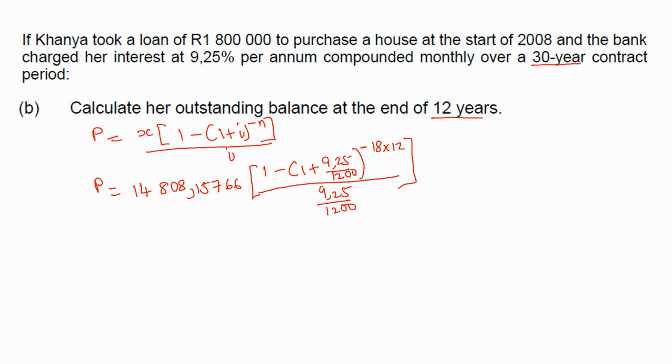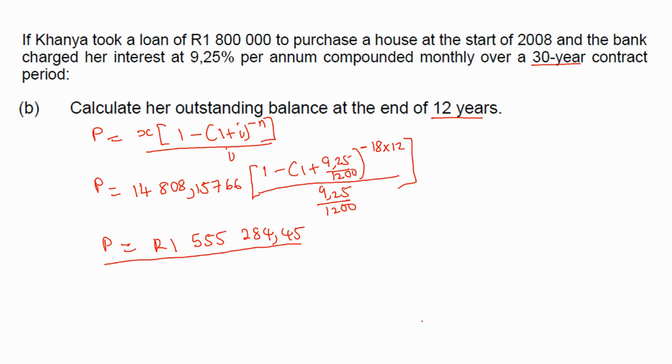You put this in the calculator straight away, and you get your answer, which is 1,555,284.45. You see that there's a small difference between our answers, but both answers are acceptable.